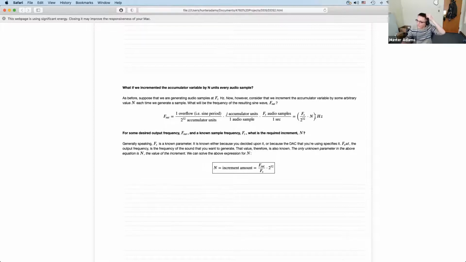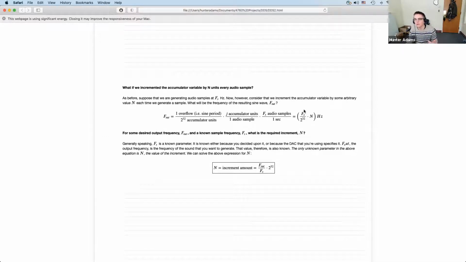So you look at this and you can ask, well, what are the knowns and unknowns in this expression? F out, the output frequency, is what you want. So you know F out because that's the frequency that you're trying to synthesize. Maybe it's 400 hertz, maybe it's 2000 hertz, whatever it is, you know what it is. FS, the audio sample rate, you know that too, because you set up the timer interrupt that sends audio samples to the DAC.